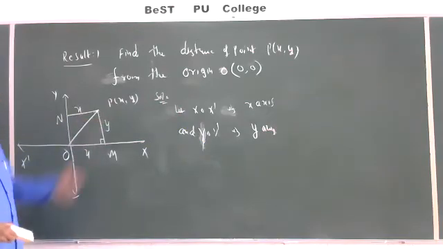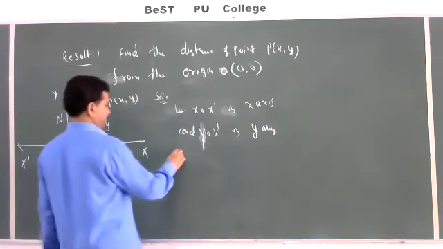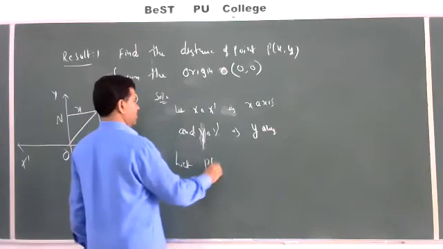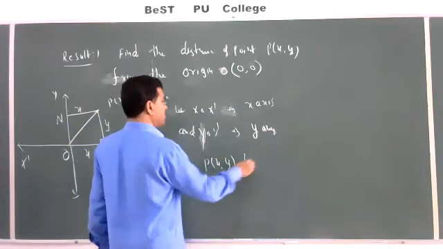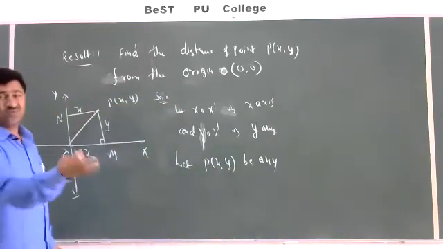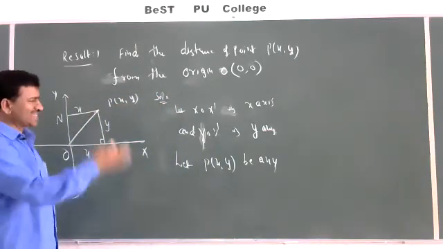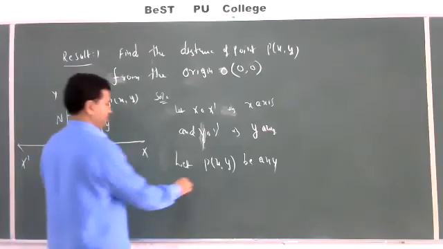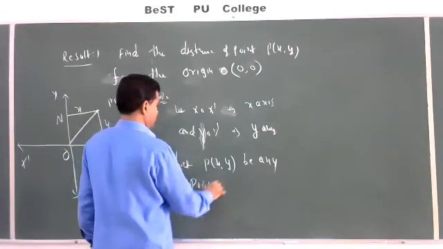Let P(x, y) be any general point. No need to mention which quadrant it is in, no problem. Let P(x, y) be any point in the plane.